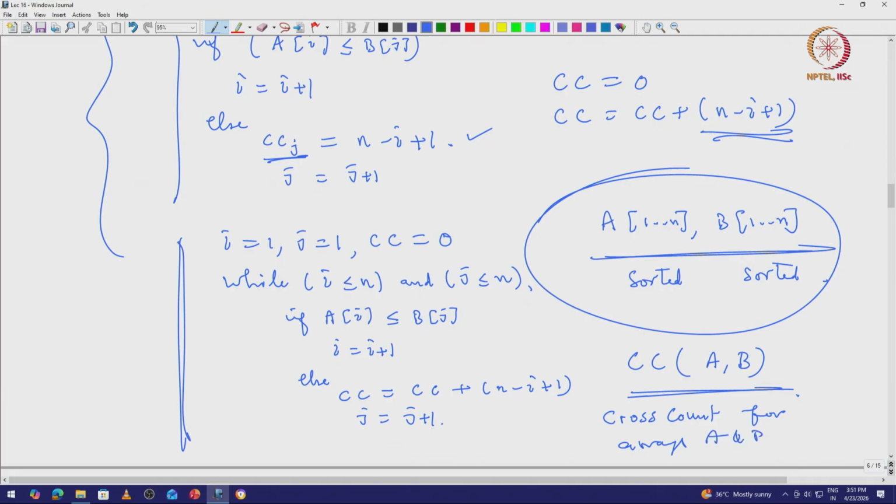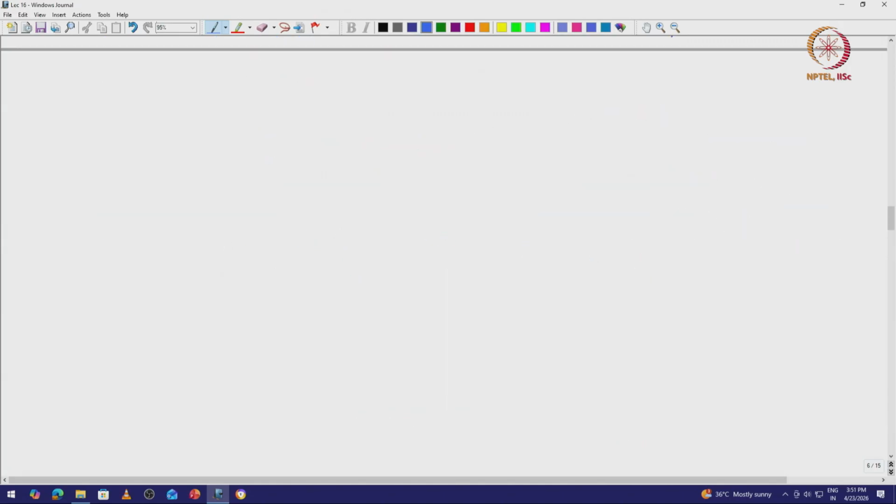For sorted arrays A and B, cross count for sorted arrays. So, now let us look into our inversion count problem.